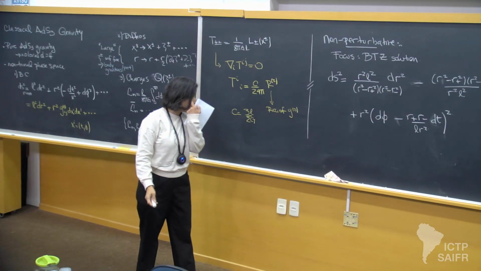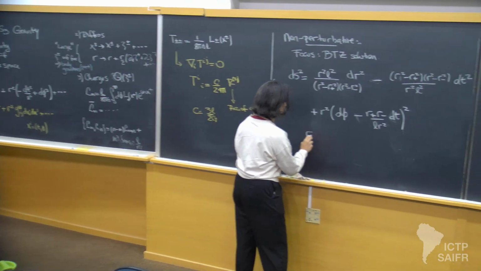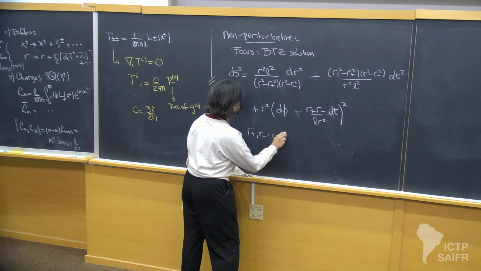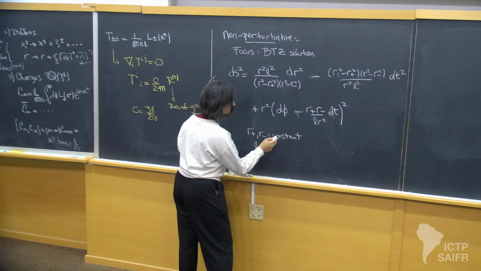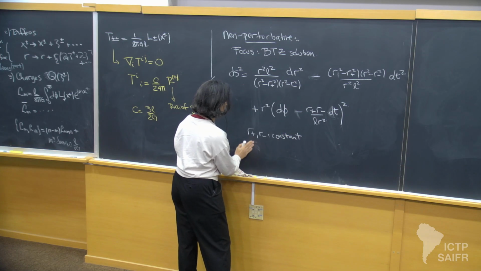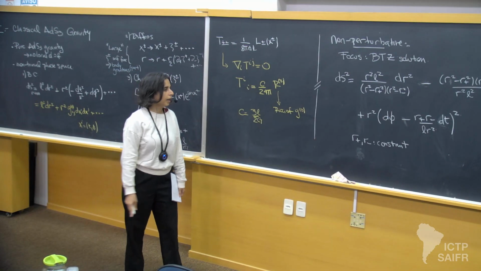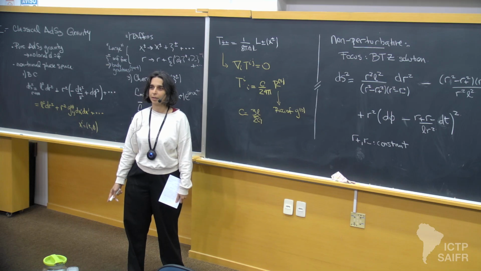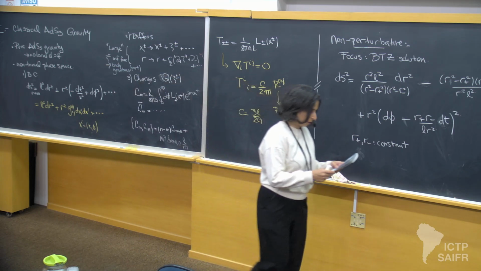So this is a three-dimensional line element where r plus and r minus are constant, and L is again just the AdS radius that we had before. And let's study this line element. So what are the properties of this line element?